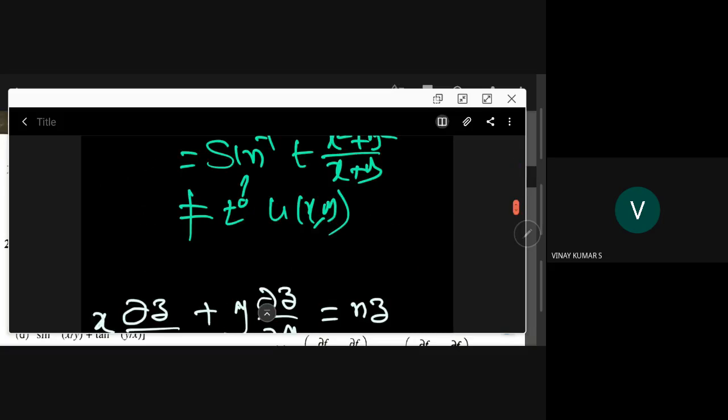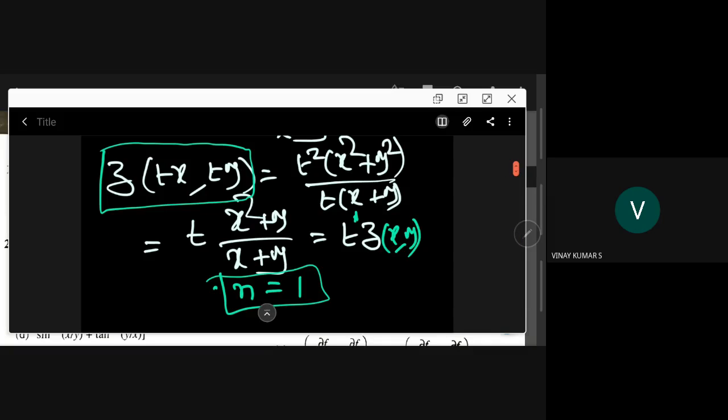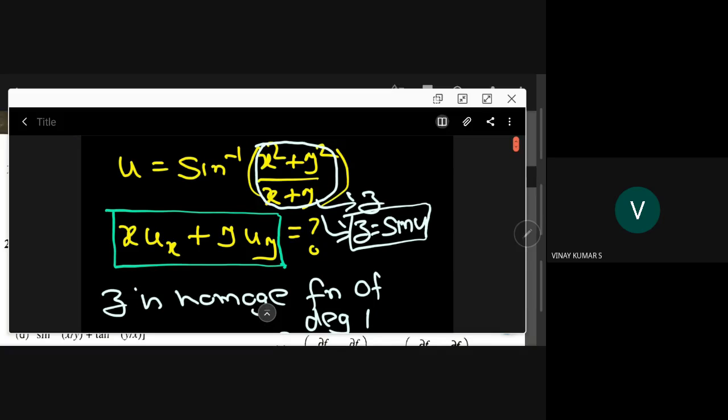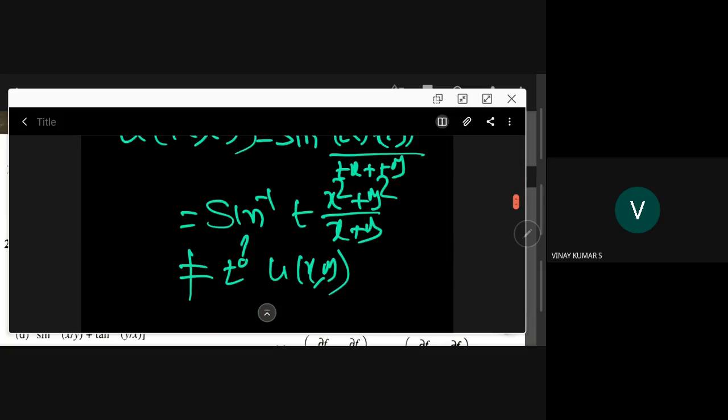Yeah, right. Dou u by dou x I'm writing here. How can we write dou u by dou x? U is a function of which one we have to take? Tan u will come here. Just a minute. Tan u. Somewhere else I missed it here.